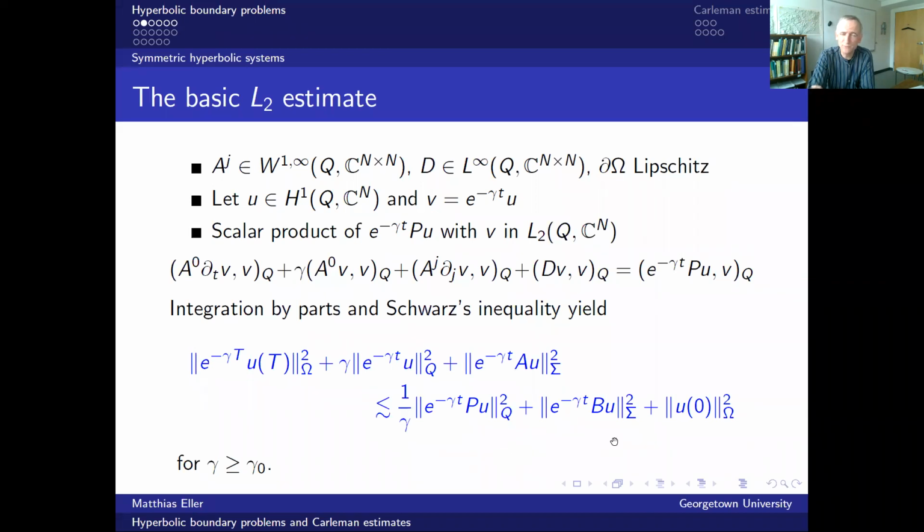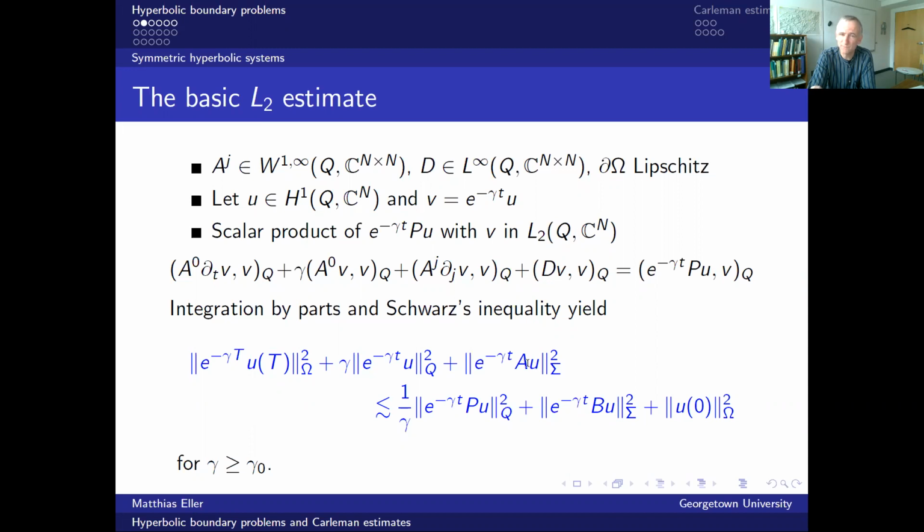And where I use also the case that B is strictly dissipative. So I get really a pleasant estimate, so to speak, U at final time in the space estimated. All norms are in L2. L2 norm over the space-time cylinder, a boundary norm of AU.